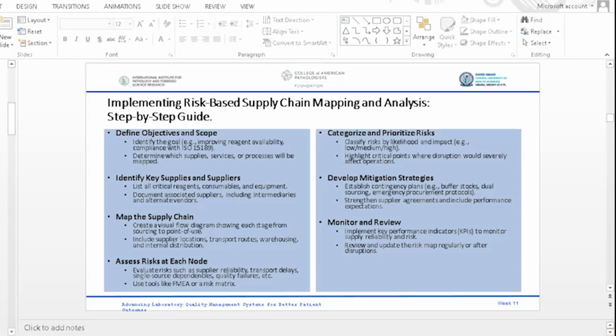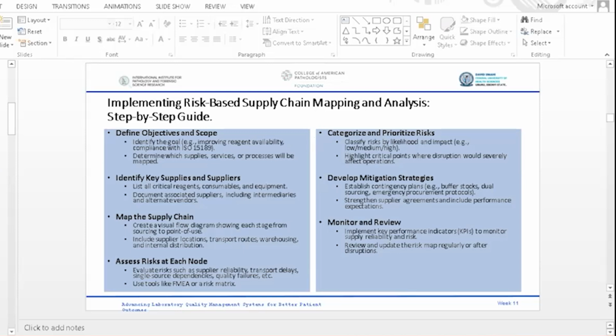Buffer stock is all about the stock you have available to make sure that whatever it is, the reagent or the consumable, does not finish completely, is not all used up. It is that stock that you hold on to, up until the next purchase is successfully made.